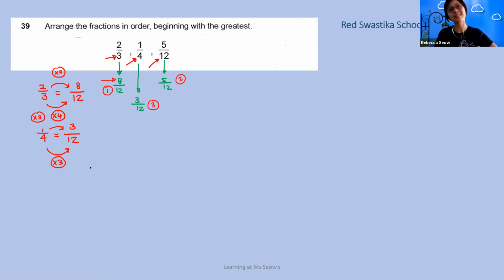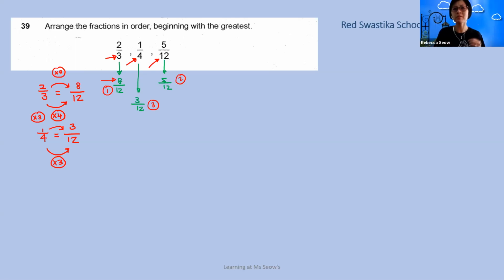How do we display the answer? Now you might be wondering, do I write the equivalent fractions that I've come up with, 8/12, 5/12, 3/12, or do I express it in the original fractions given? What are your thoughts? When you derive the equivalent fraction, it is just part of the working to justify which comes first, which is bigger, which is smaller.